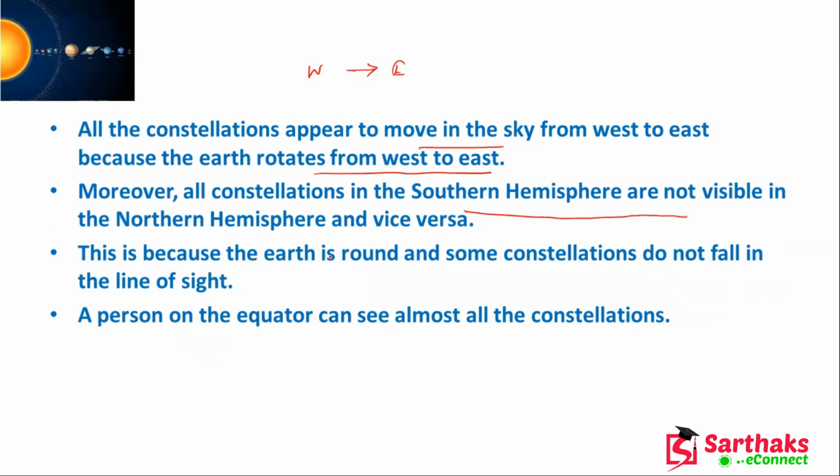This is because the Earth is round, and some constellations do not fall in the line of sight. So a person on the equator can see almost all the constellations, but a person in the northern hemisphere cannot see the constellations of the southern hemisphere. If he or she is at the southern pole, he or she cannot see the constellations of the northern pole.